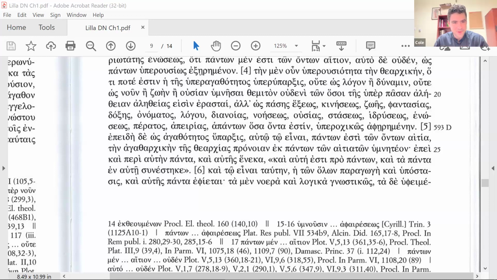Right. Just a note: hyparxis, it's good to translate it as existence to distinguish it from being. Some Neoplatonists are consistent, and while they deny to the One, the highest reality, so to speak, any being, because it's beyond being, they still attribute hyparxis to it.